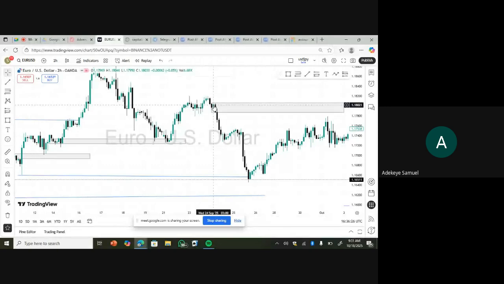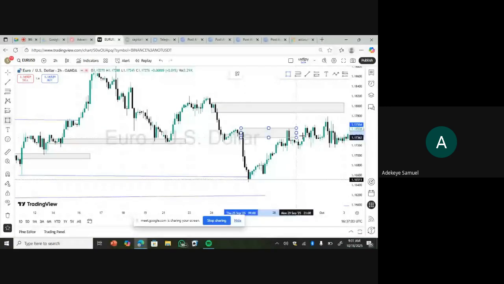This candlestick here, this green candlestick is the bearish order block.